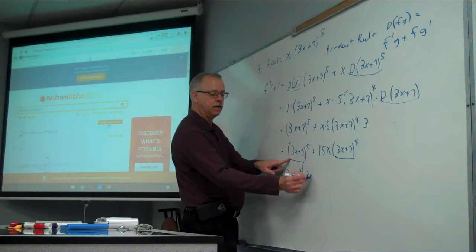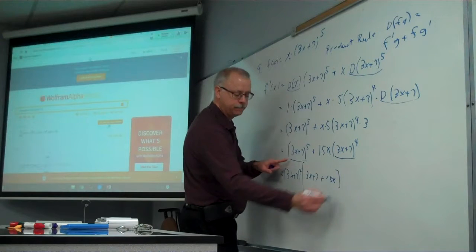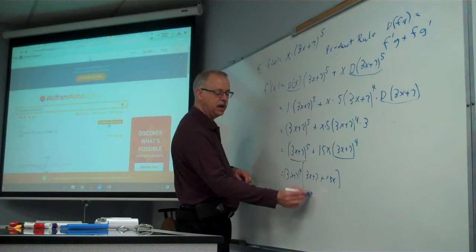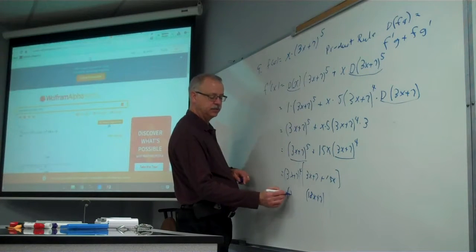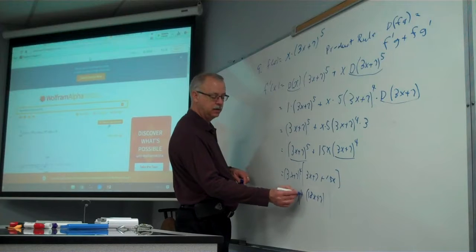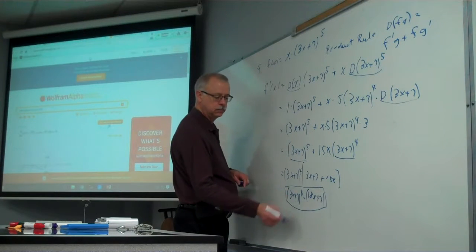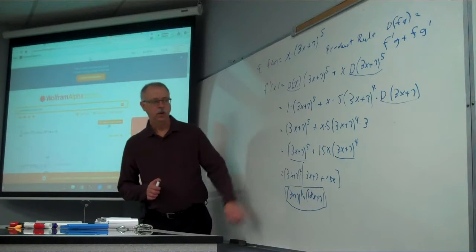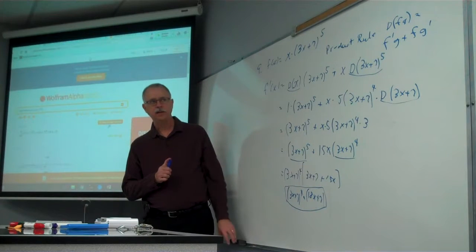That leaves one of them here, and just the 15x there. And if we add this, we do get the 18x plus 7, and it's times the (3x plus 7) to the fourth. That's the answer they gave. So we came up with that answer, took a little bit with that.